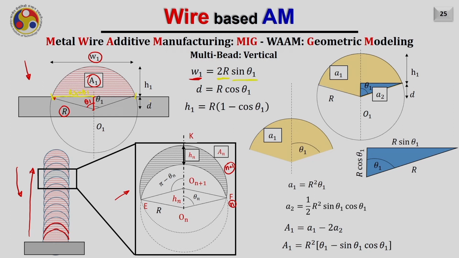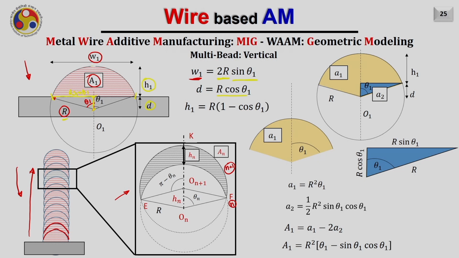In a similar fashion, this distance d, which is the perpendicular distance from the chord to the center, can be given as R cos theta 1, which is the projection of this length R on the vertical plane. Therefore, the height h1 can be easily calculated now.